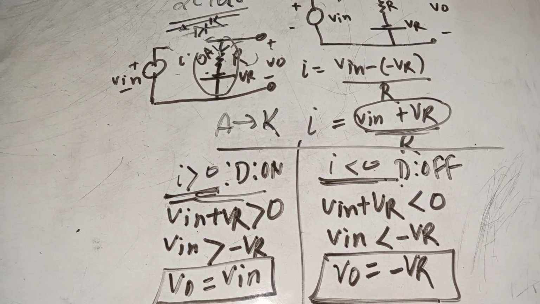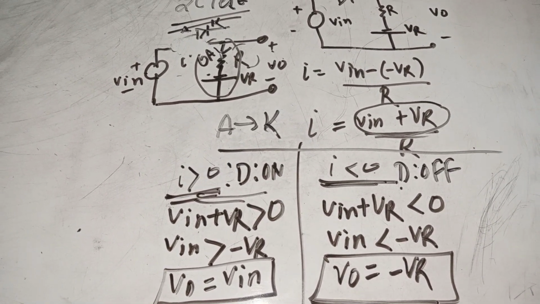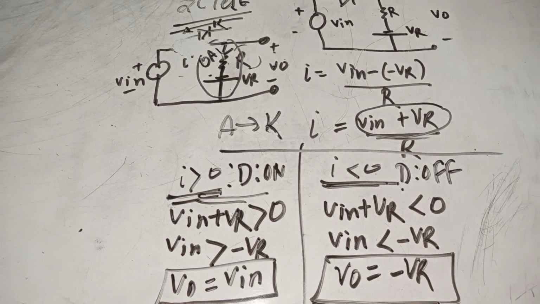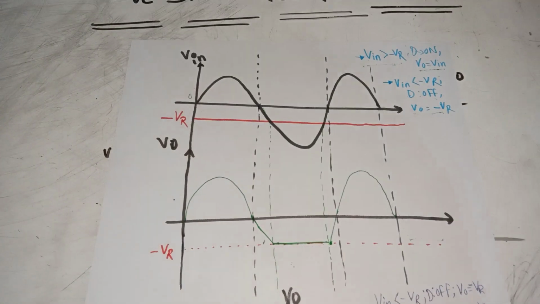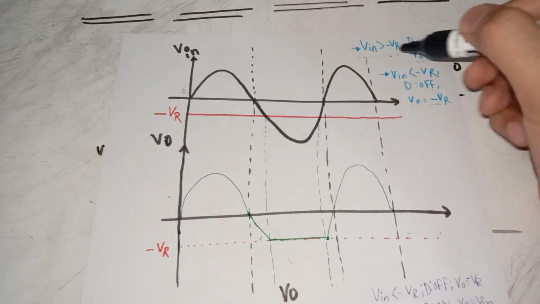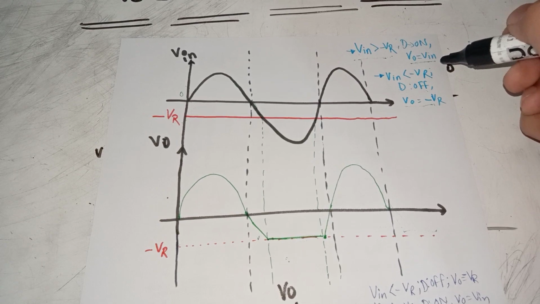Guys, I have already made the output and input characteristics, and also the transfer characteristics. So let's see them. When V in is greater than minus VR, the diode is on, as I just discussed, and in that case V0 will be equal to V in.